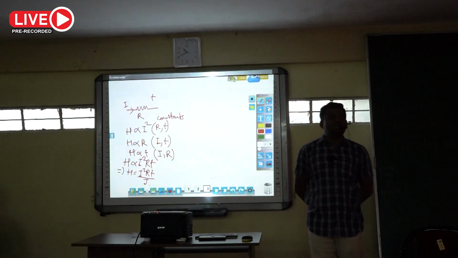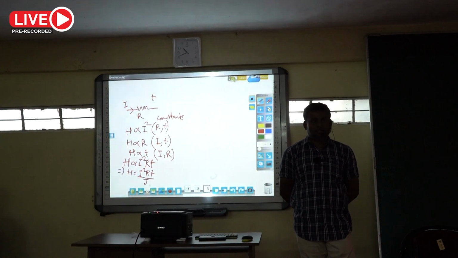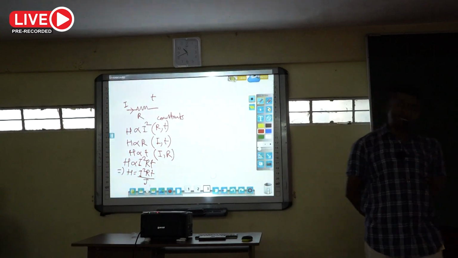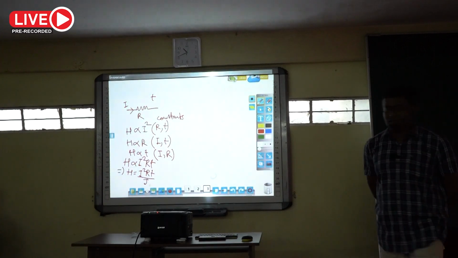If you write only I square RT, then you will get the heat energy in the unit calorie. If you write I square RT by J, then you can calculate the equivalent heat energy in the form of joule, in the unit of joule.